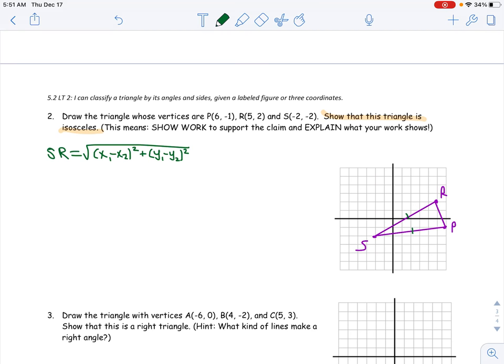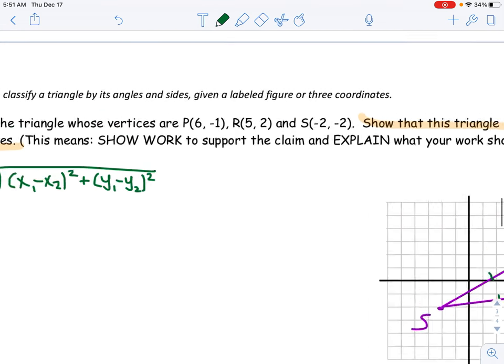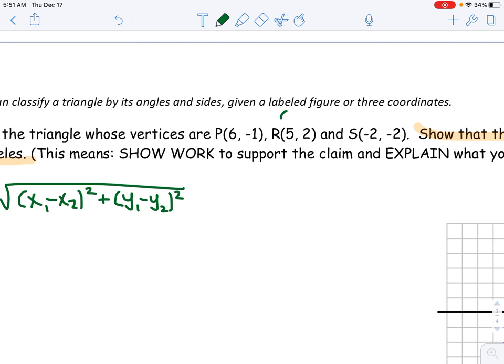Alright, that's it. That's the distance formula. And then let's look at S and R. Again, order doesn't matter. I'm going to call R x1, y1, and S x2, y2.